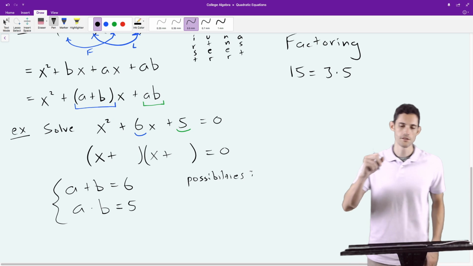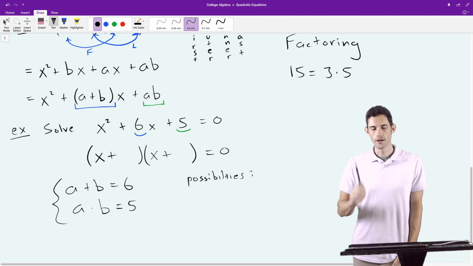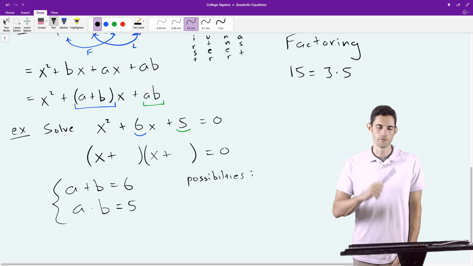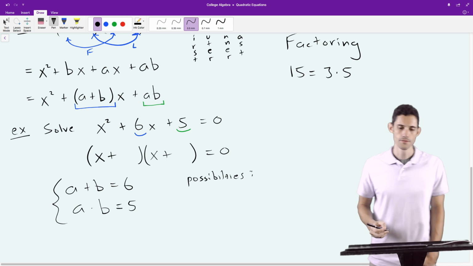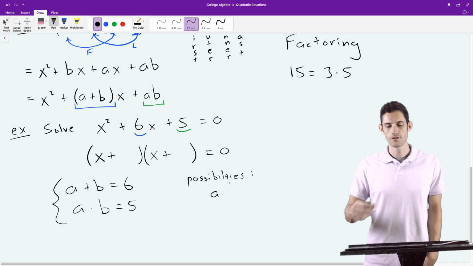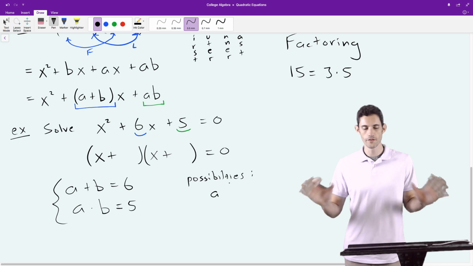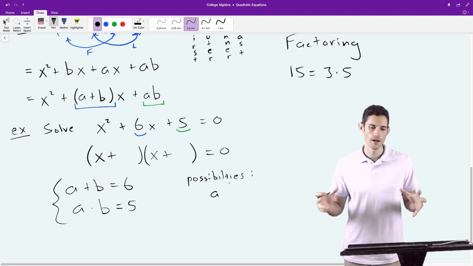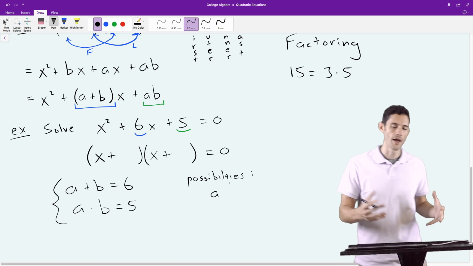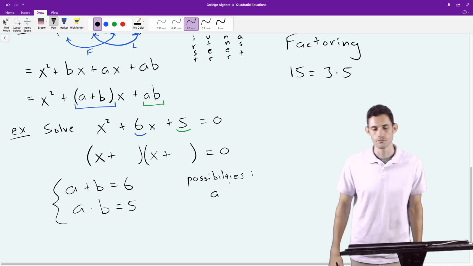So my recommendation is that you write down pairs of numbers a and b that multiply together to give you 5, like integers. Once we write down a bunch of a's and b's that multiply together to give you 5, we're going to look in that list and see which ones also add together to give you 6.